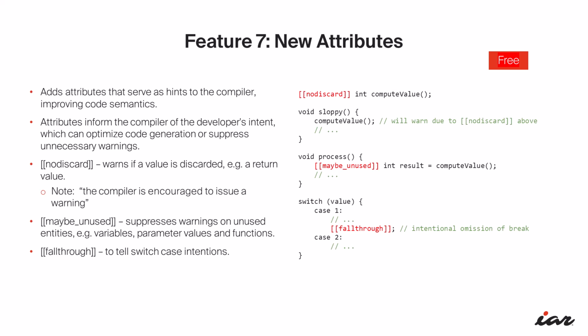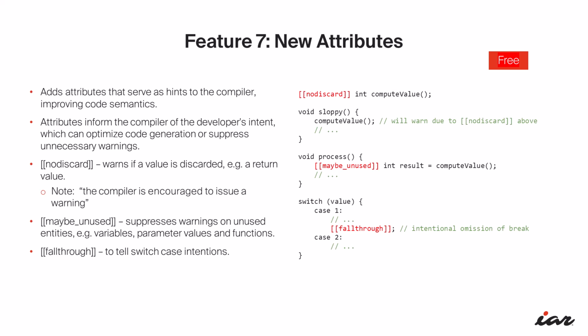Looking at the examples, we have a function called compute value that we want to tell the compiler that we may skip the return value, so we specify nodiscard. And then in this sloppy function, we just write compute value, so we don't use the return value, and that's fine since we have declared it nodiscard.